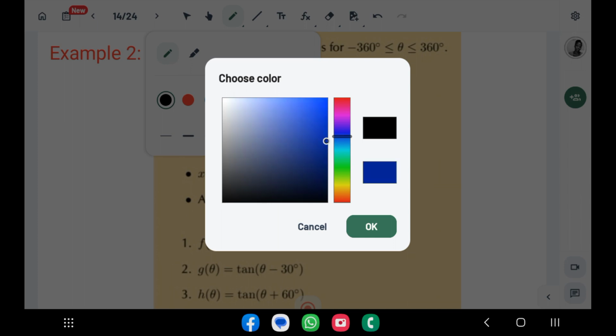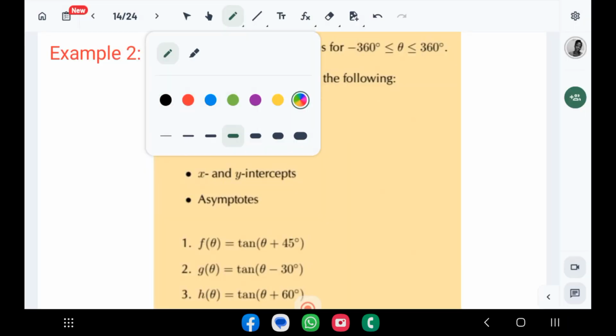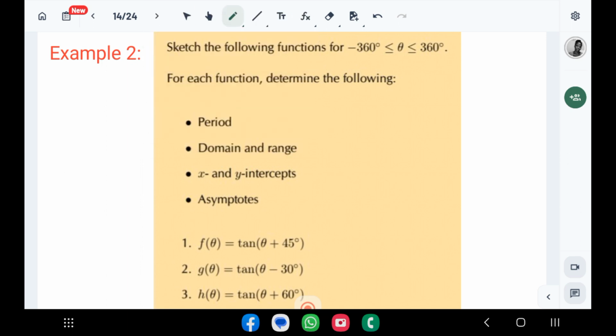Period is still the same. Period for all of this, period will still be equal to 180 degrees. So no need to manipulate the period over there. It's straightforward.